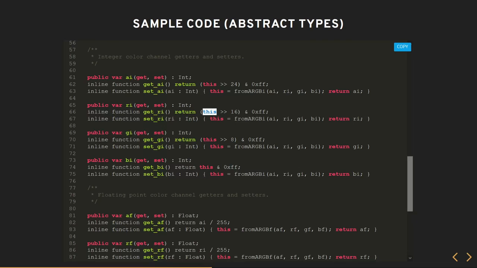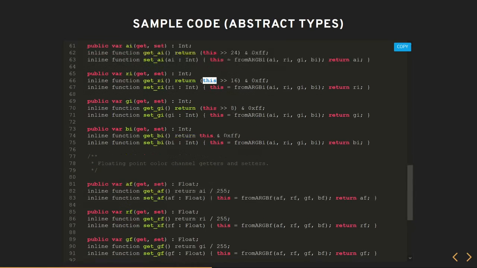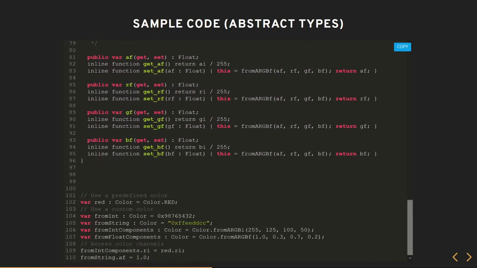So it's going to shift, and then it's going to mask, whatever, it's not really important. Same thing for setting it, etc. So in the end, here's an example of getting the red channel. You can treat your color as a complex class, but all of it is really still being stored inside a simple type.